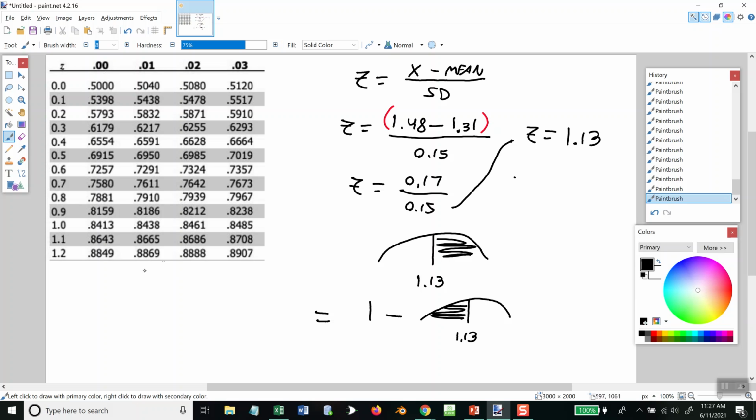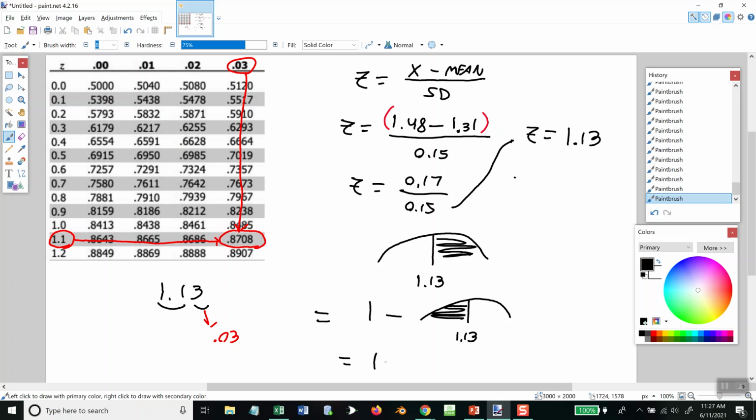Now our z-score is 1.13, so we're going to separate this. This is the first part of our number, this is the second part of our number. The 3 is in our hundredths place, so that's 0.03. So I'm going to look up 1.1, and I'm going to look up 0.03, and where they intersect is my value.